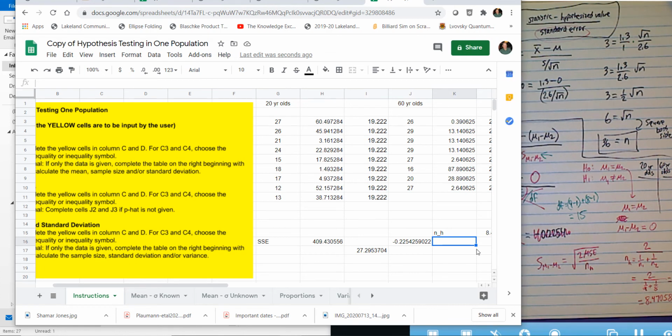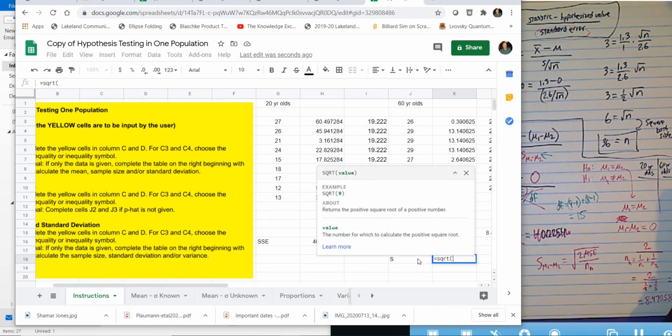So, S, my standard error, I'll put that here. That's going to be equal to the square root of what? Well, they say 2 times MSE. Now the MSE we already computed.